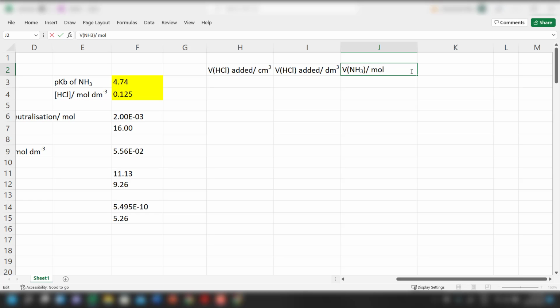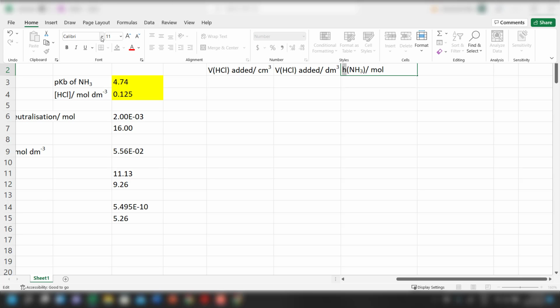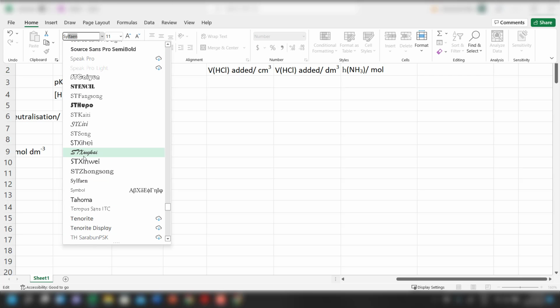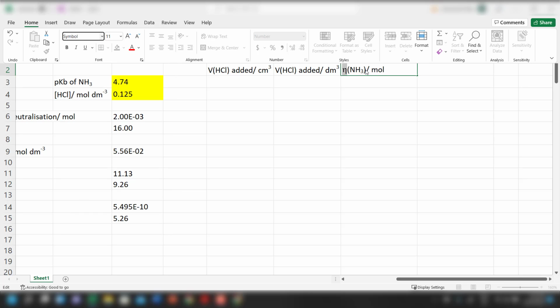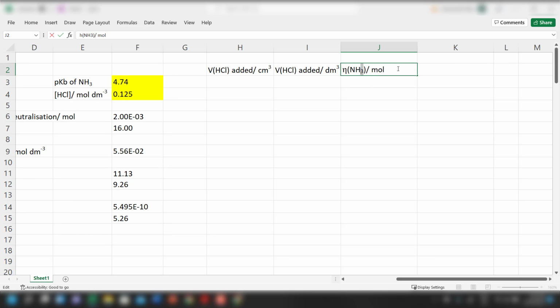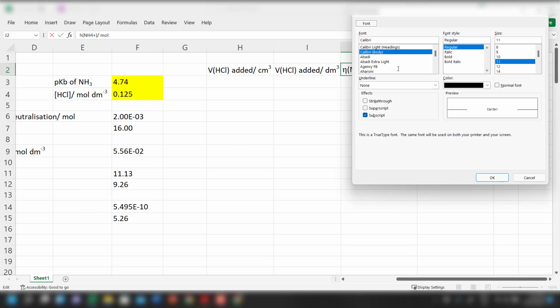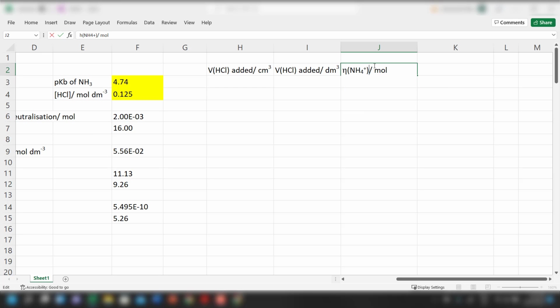So I'm going to put the Greek symbol for amount, amount of ammonium formed, and then next is the amount of ammonia remaining.